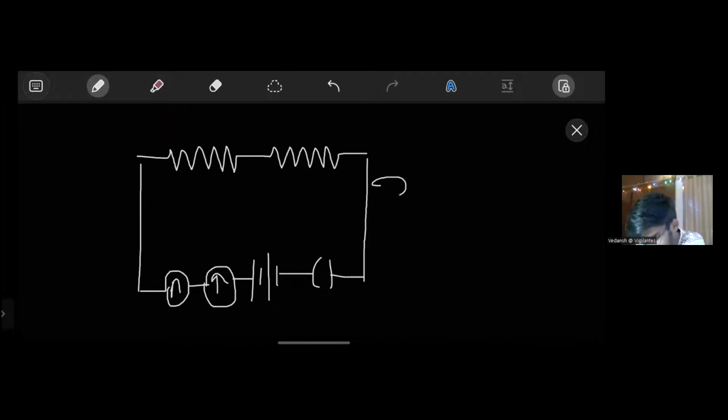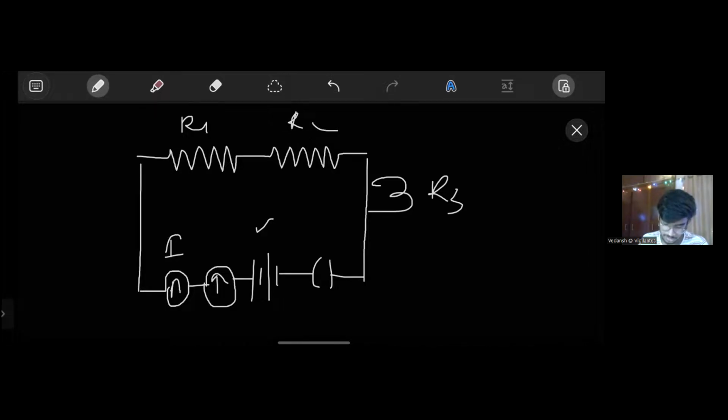And over here, I have a load. We have combined everything. Let us say this resistance is R1, this is R2, this is V, this has a resistance of R3, this has a current of I3. We have a key over here, and this ammeter shows that current I is flowing through.